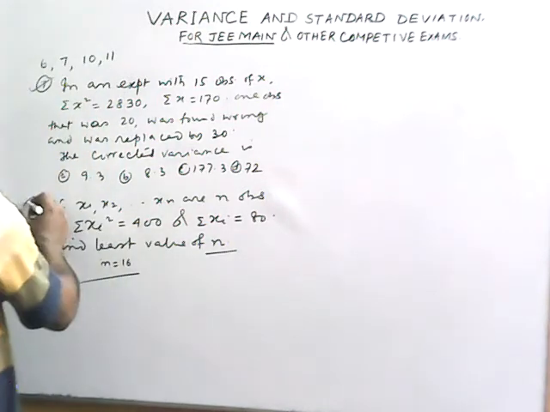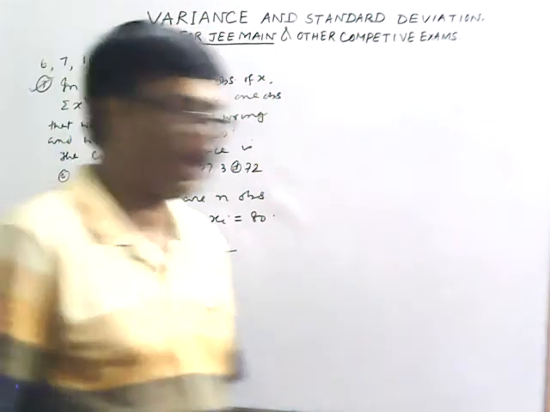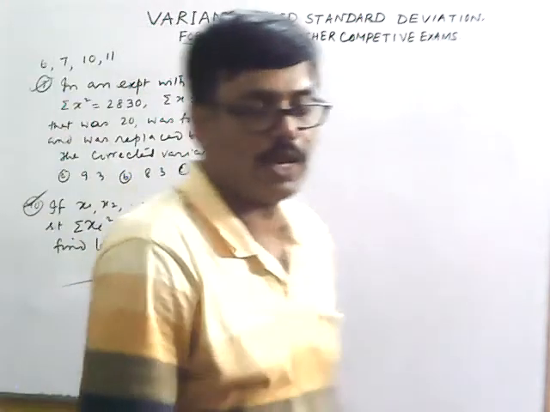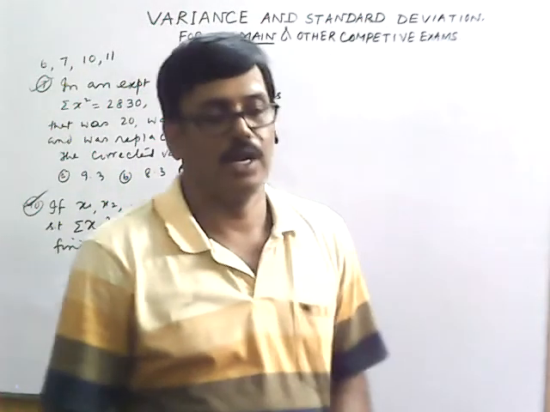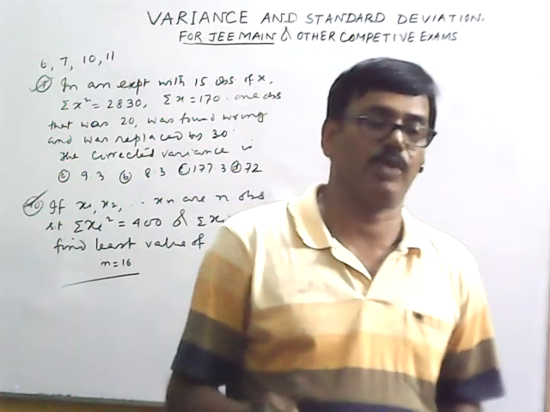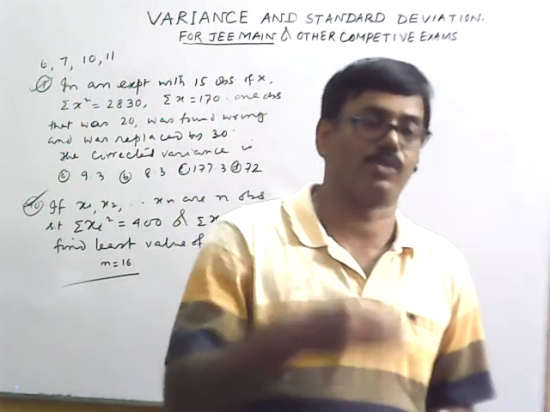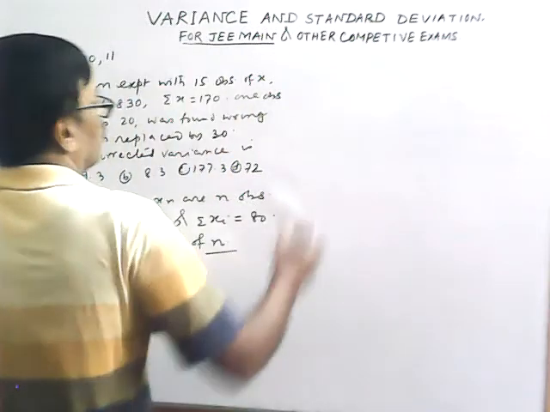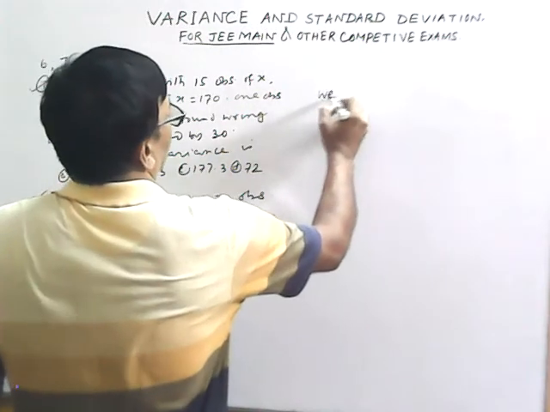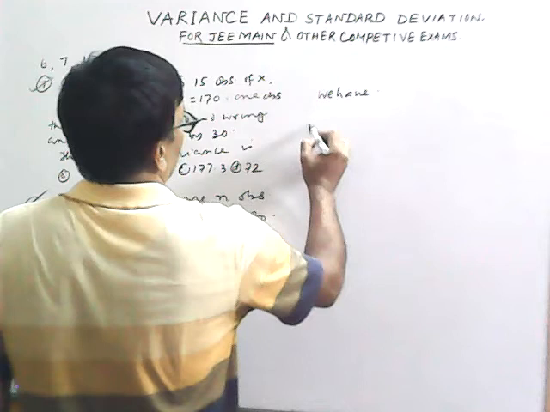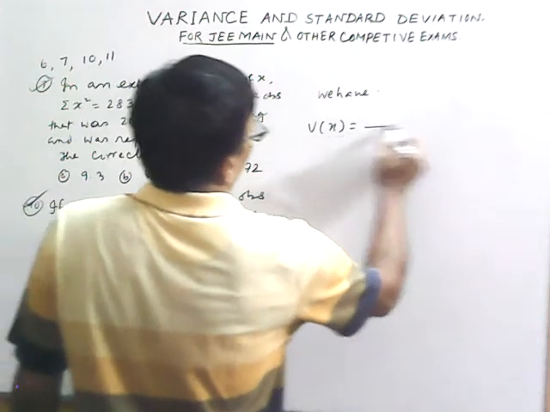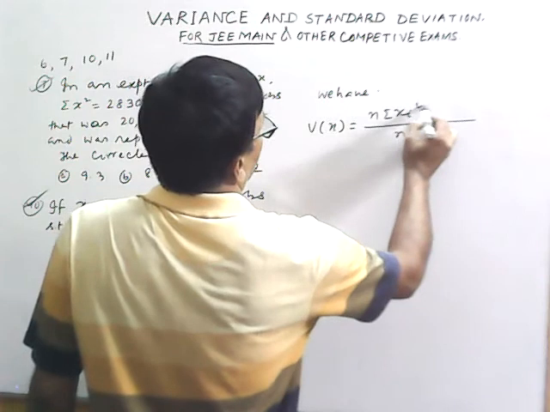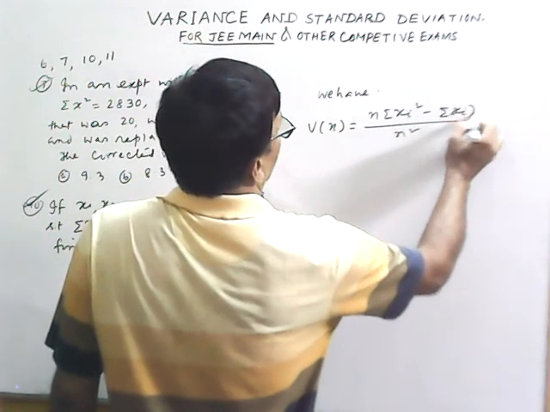So look, problem number 10. Summation xi square and summation xi are given. So we calculate Vx. And we know variance is always positive because it is the square of standard deviation. So we have Vx equals, we know this shortcut formula, n into summation xi square minus summation xi whole square.